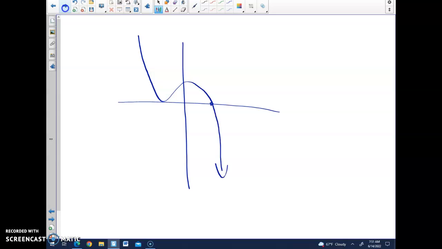Where this is 0.20, this is 0.02, and this point here is 0 or 1.4, and this is -1.0.